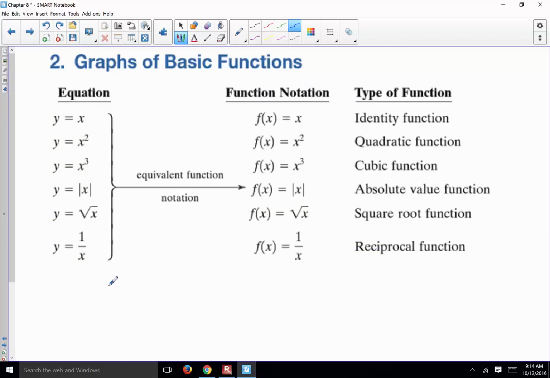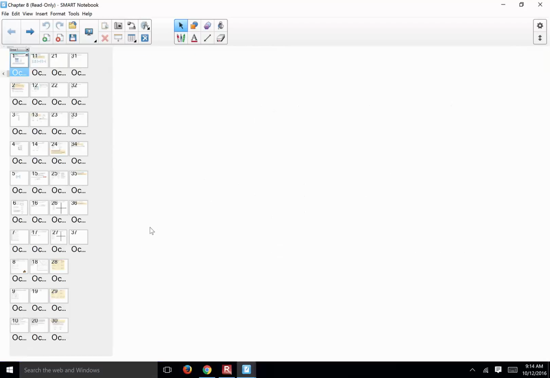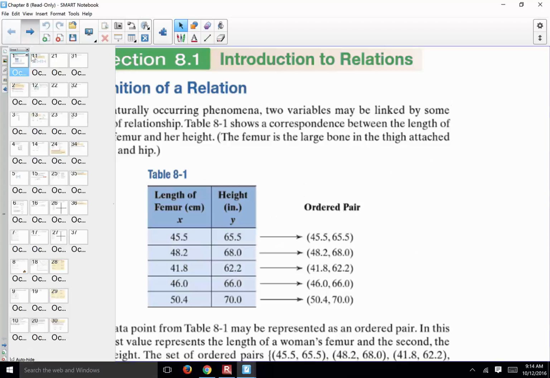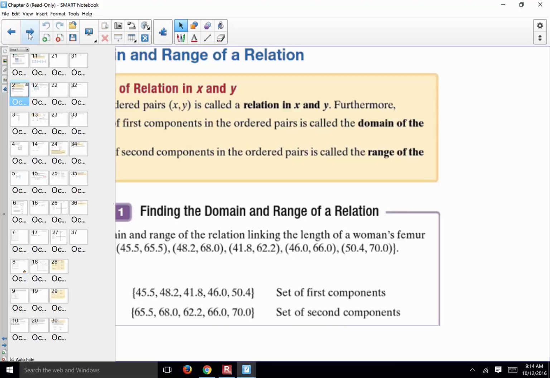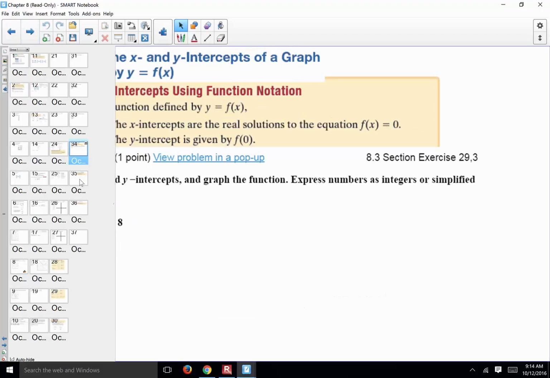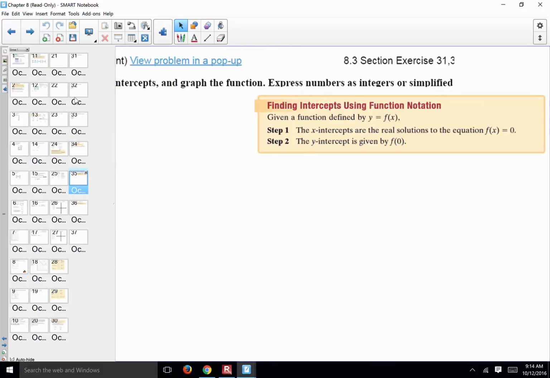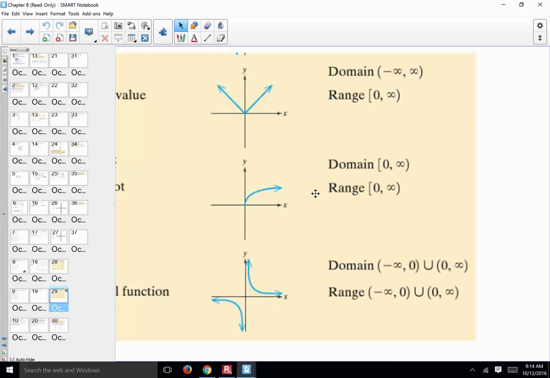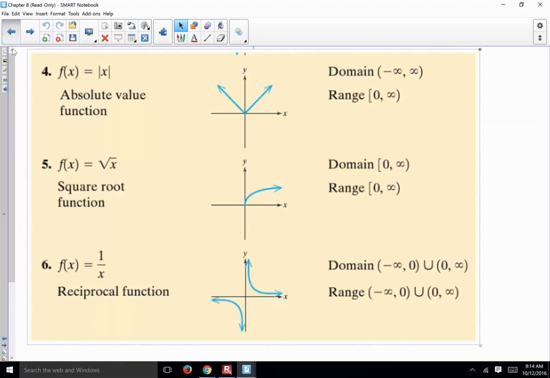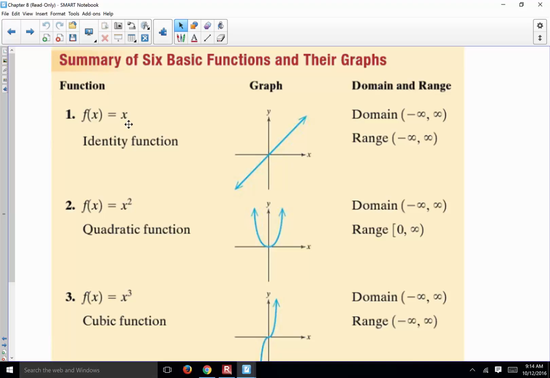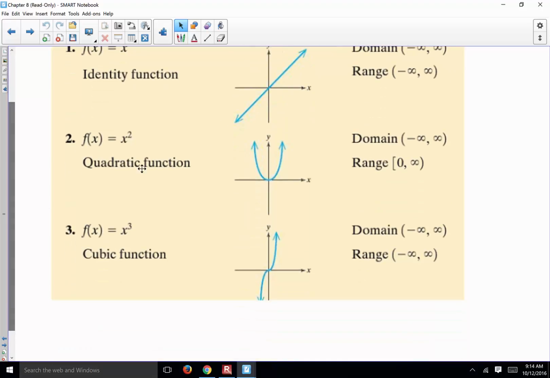And I ask you to remember six basic functions which are used in this course and future courses. They are the identity function, whose graph is right between x and y. Quadratic function. It's just like a U shape, but technically this shape is called a parabola.